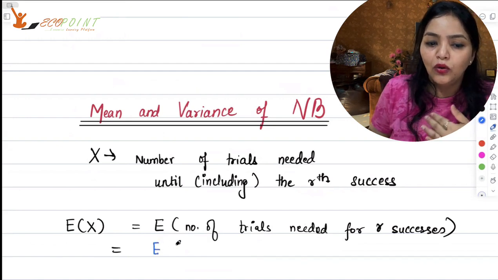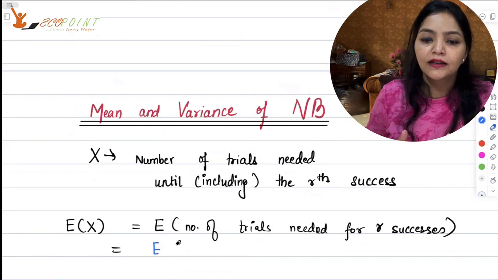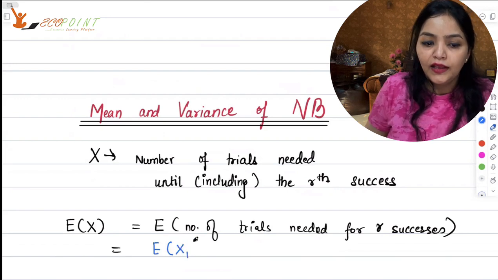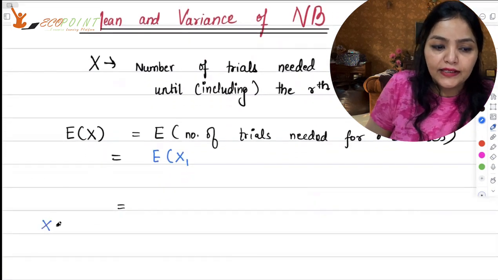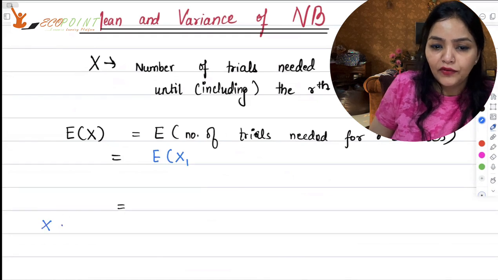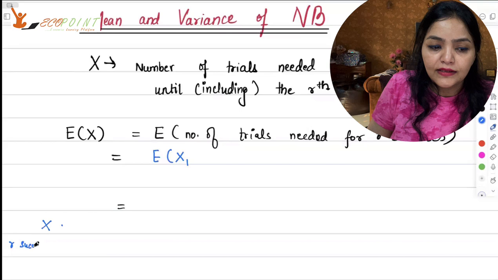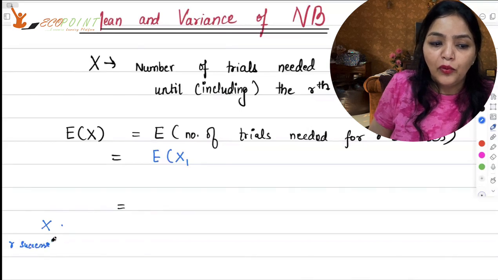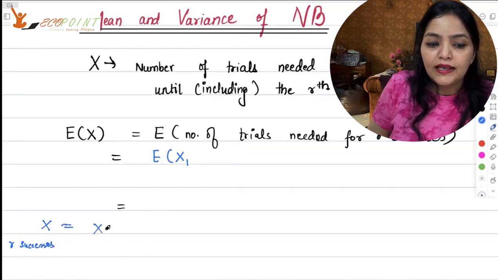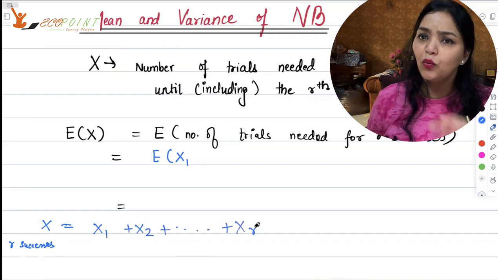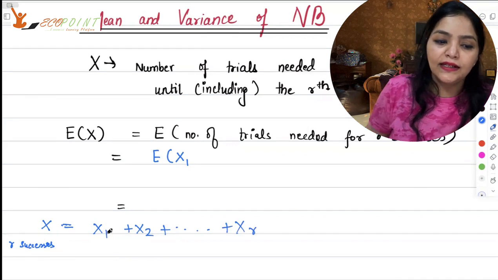So what I'm trying to tell you here is that the expectation of the number of trials for r successes could be broken up. If X is your random variable, the number of trials for r successes, you can break it as X1 plus X2 plus so on and so forth till Xr. Now, what does this mean?